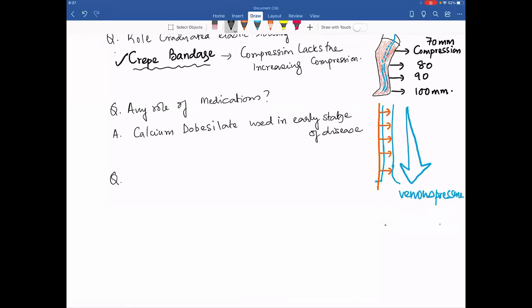Now, what are the surgical principles of treatment? Again, 2 words. Number 1, ligation of SFJ.